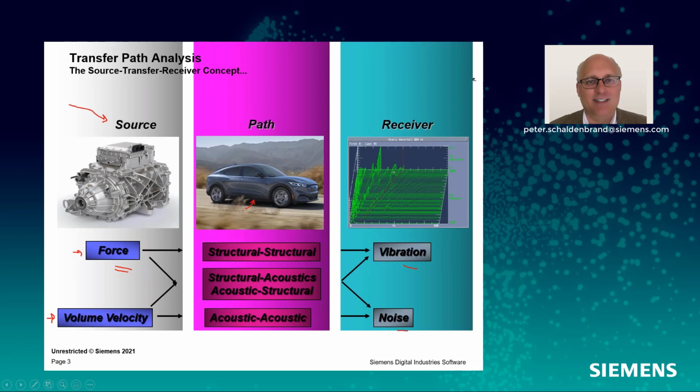And then somehow it makes its way to the operator ear or some receiver location, like a steering wheel or, in the case of a car, your seat. And the structure, we're going to quantify with a certain type of measurement that relates forces over here to sound pressure or acceleration over here.